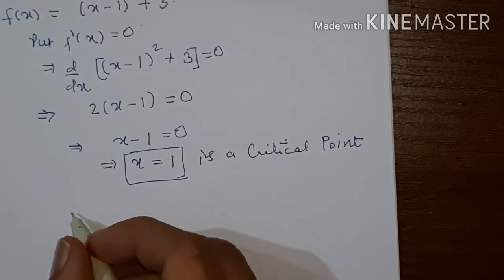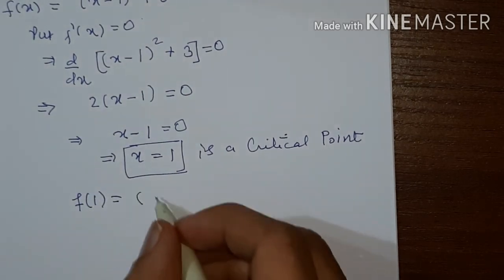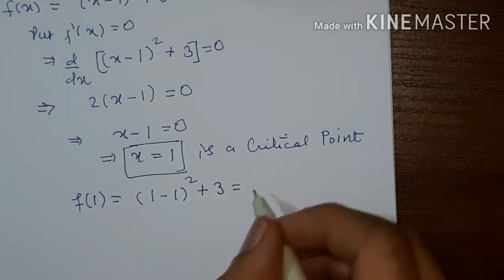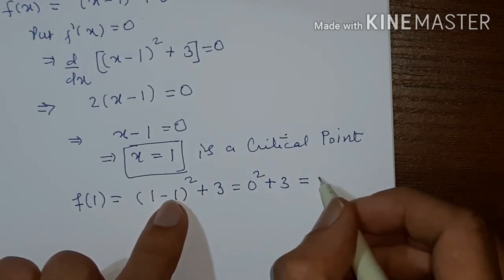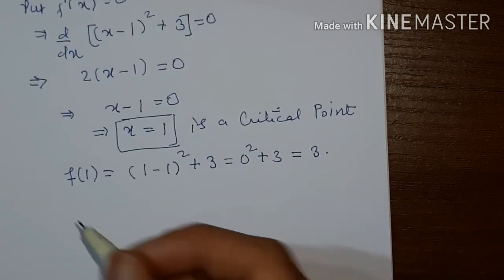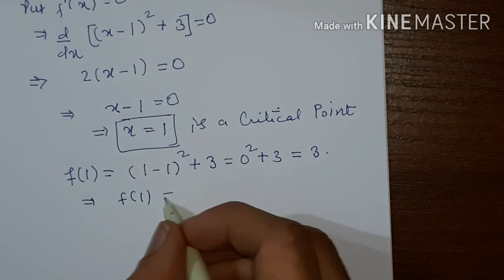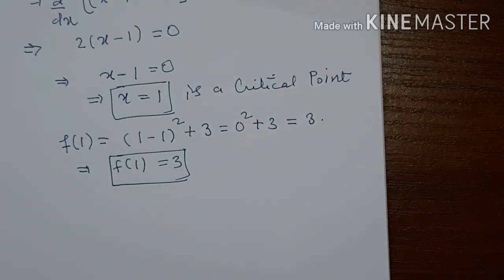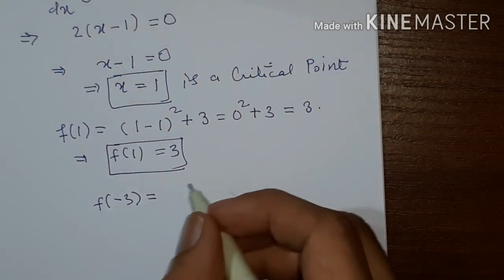So we have to check the value of the function at the critical point first. So f of 1, which is 1 minus 1 the whole square plus 3, which is equal to 0 square plus 3, so which is 3. Okay, 3 plus 0, that is 3. So what we get? f of 1 is 3. Now we have to check f of minus 3.